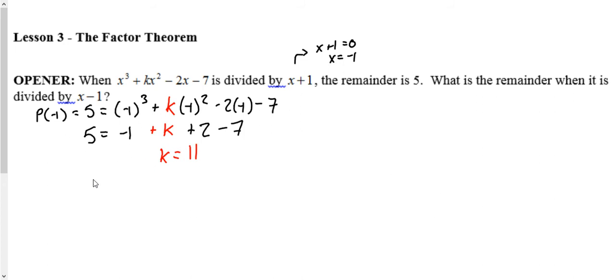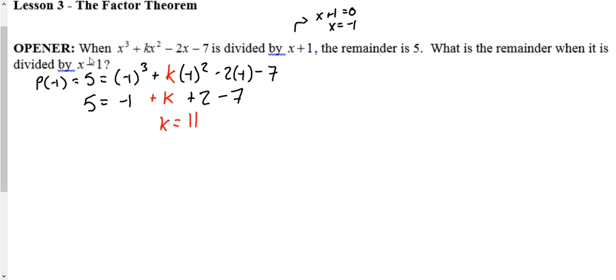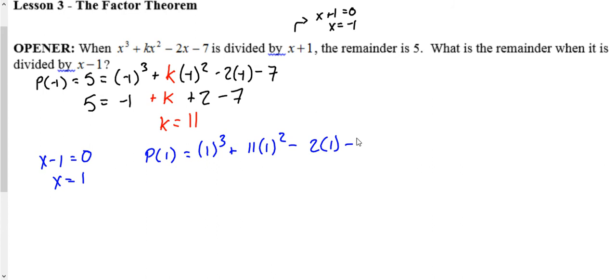There we go. So now that we know the equation, we're just going to figure out what's our remainder when x minus 1 is our divisor. So just down here real quick, if I have x minus 1 equals 0, x is equal to 1. So I'm going to go p at 1. So we have 1 cubed plus 11 times 1 squared minus 2 times 1 minus 7.